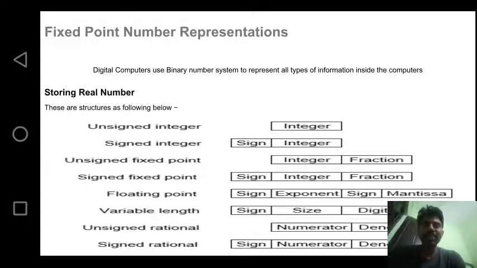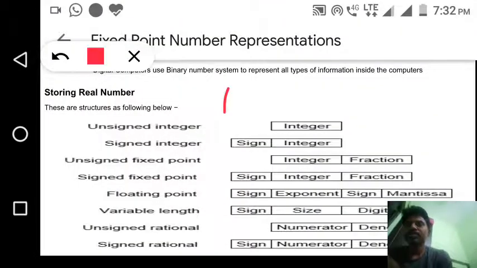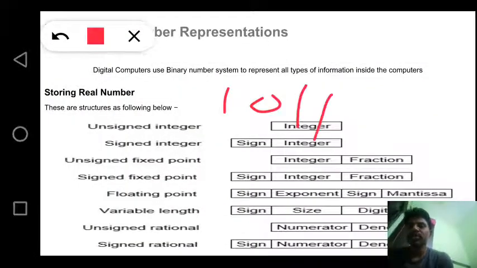Fixed in the sense, let's take a number 1011. If it is a fixed point representation, there can be two possibilities for the binary point. It can be at the extreme left or at the extreme right. So it is fixed at either of these positions. If it is at the extreme left, it is a fractional part.